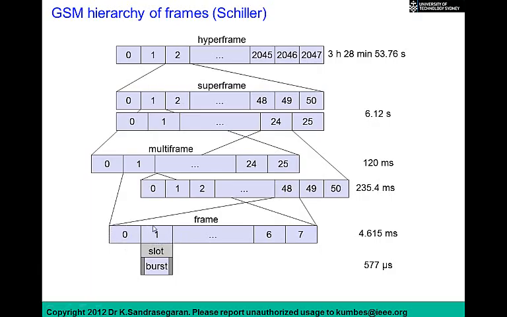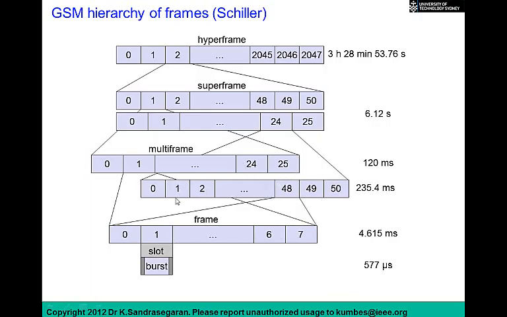We've already seen that the radio time slot has a duration of 577 microseconds, and 8 of these time slots make up a TDMA frame, which has a duration of 4.615 milliseconds. These frames are arranged into something called multi-frames.